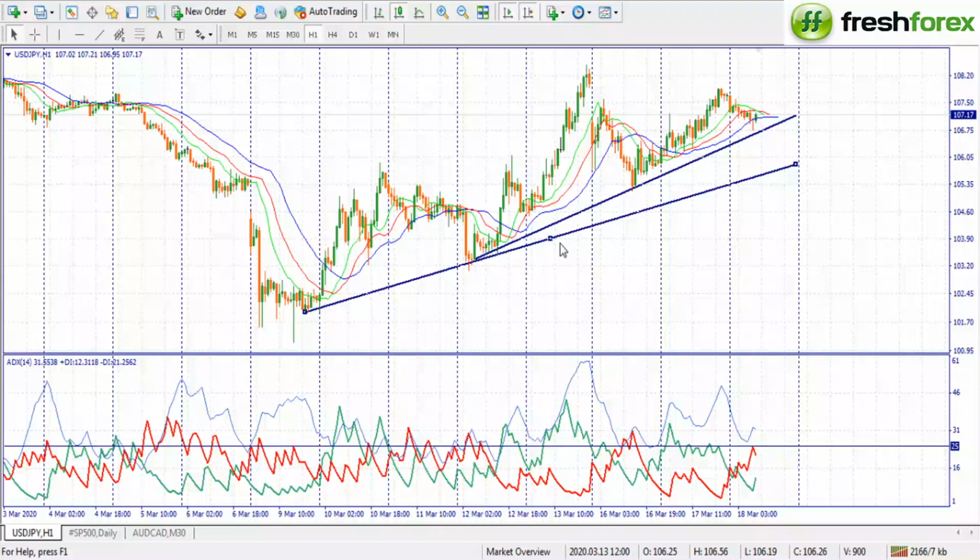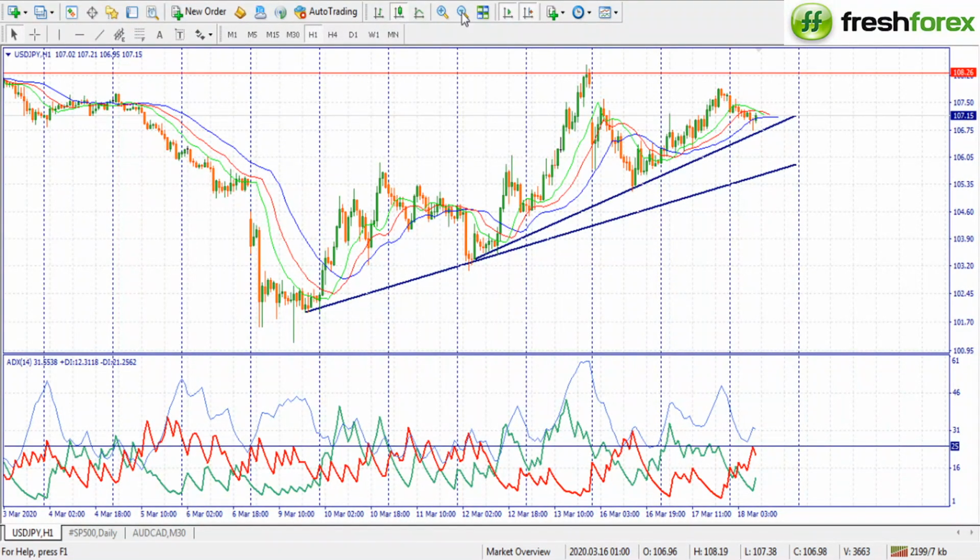So as it is now, this is still upwards. We had a dynamic support there, and we do expect price to come back to it before it can continue upwards. So as it is now, expect a possible bullish move up to this resistance here.